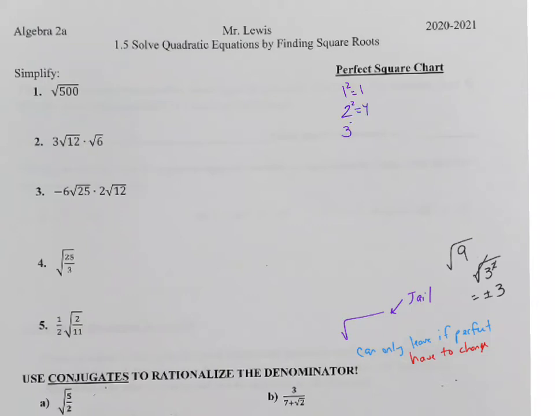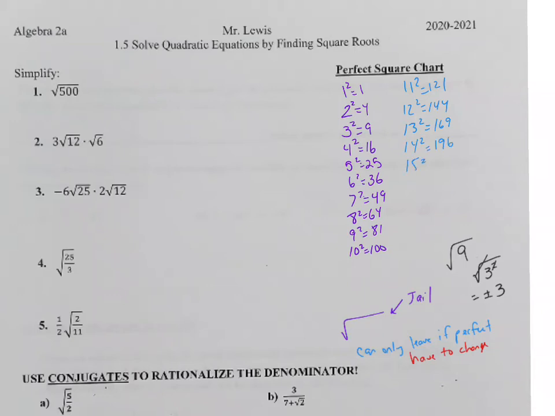You need to know that 3 squared is 9. 4 squared is 16. 5 squared is 25. 6 squared is 36. 7 squared is 49. 8 squared is 64. 9 squared is 81. 10 squared is 100. 11 squared is 121. 12 squared is 144. 13 squared is 169. 14 squared is 196. 15 squared is 225. That's probably good, but I'll keep on going.